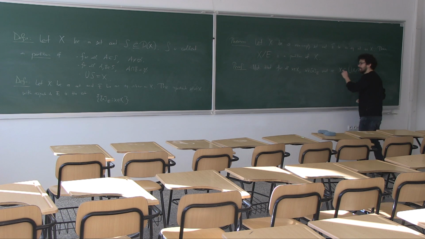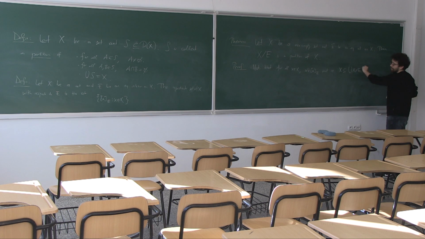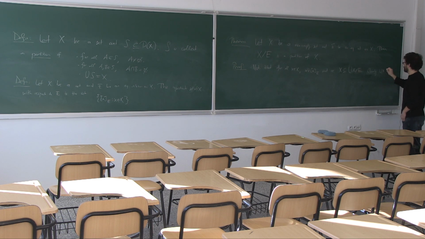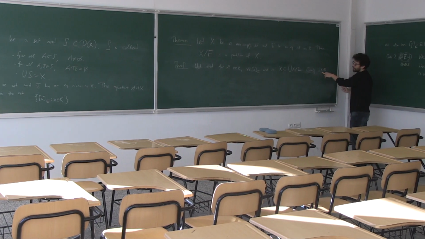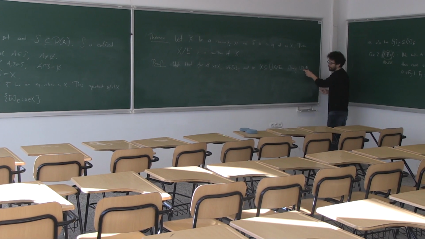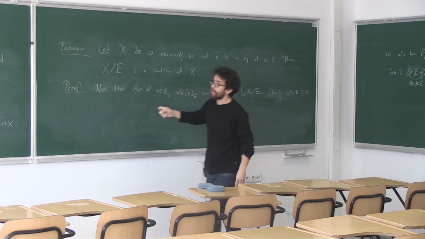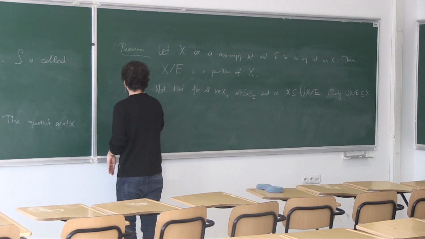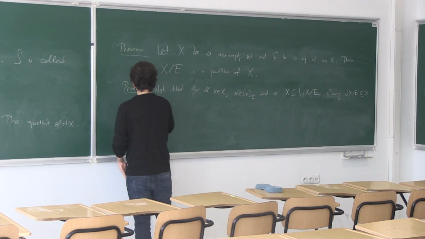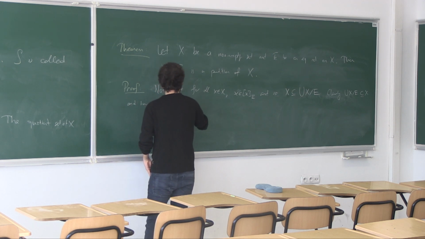Each element of X is seen in an element of this set, where this union is over the elements of this quotient space. Clearly, the other direction holds, because the elements of this union are elements of the equivalence classes, and the elements of those are elements of X. So we have the third property holding.